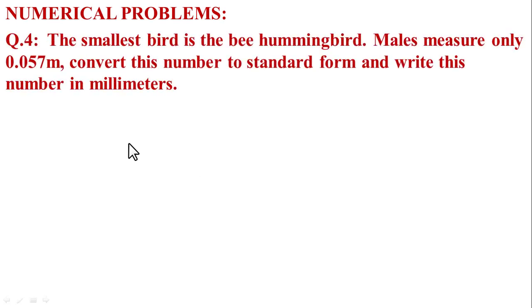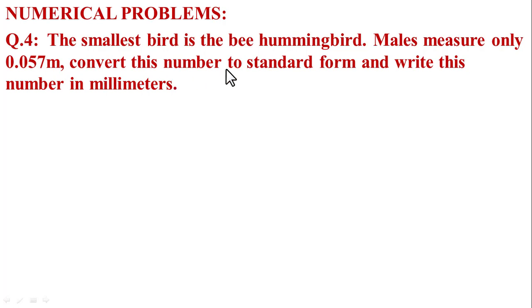Numerical problem, question number 4. In question number 4, the given statement: the smallest bird is the bee hummingbird. Male measures only 0.057 meter.